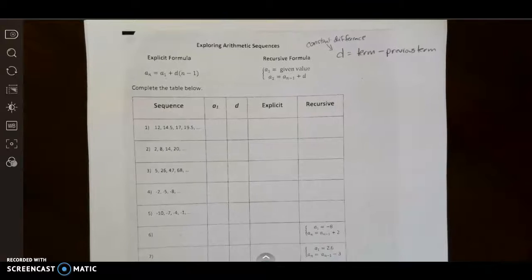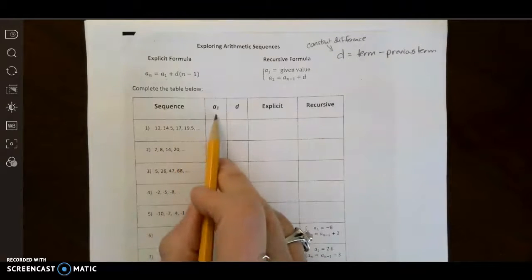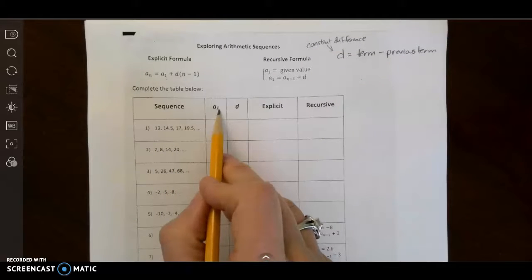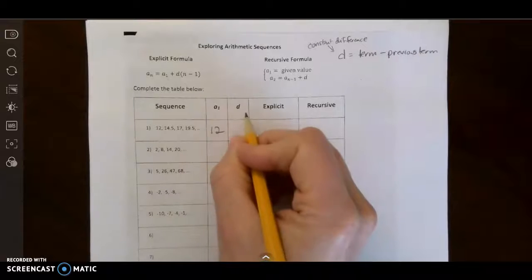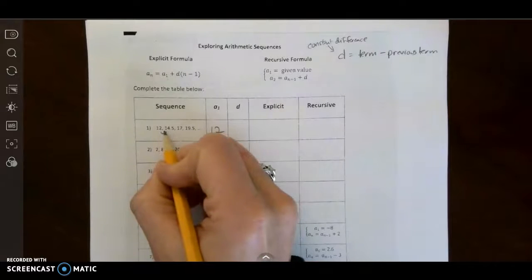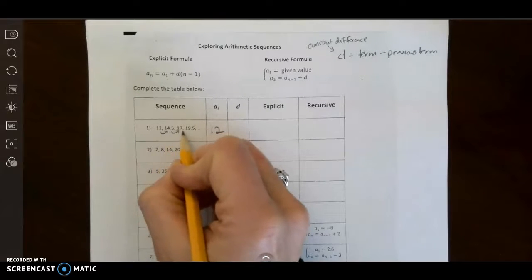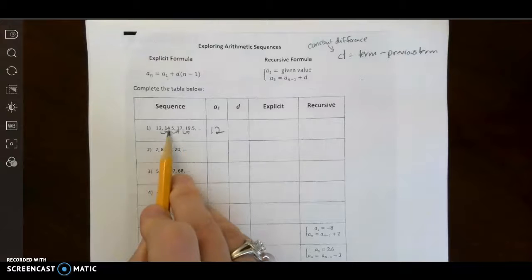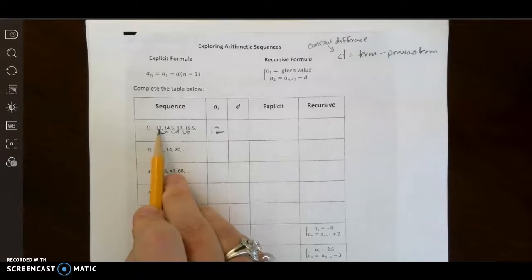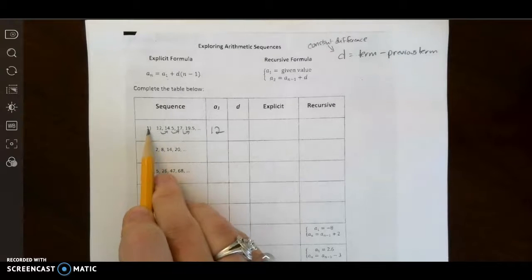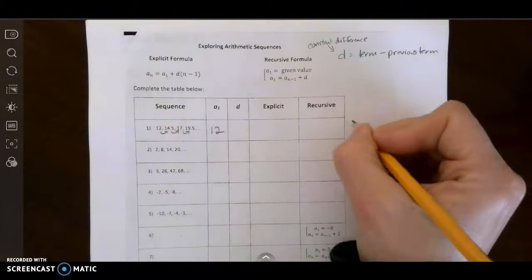All right, let's start with number one. The first term, a sub 1, remember, means the first term, is 12. The constant difference on this first one isn't real obvious, so you can always take a term. We can't subtract a previous term from 12 because we don't have it, but we can from 14.5.